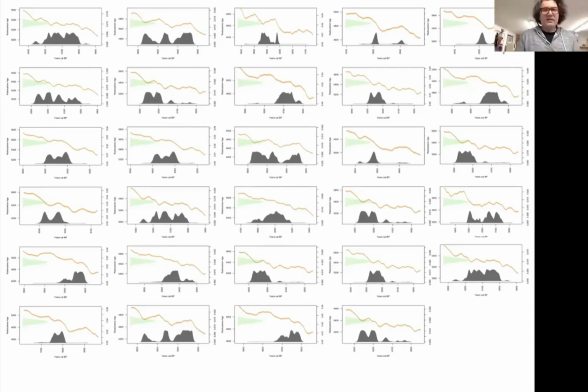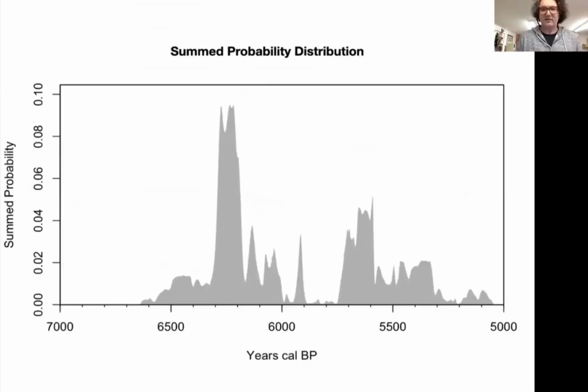The settlement proxies used in this study are based on what is called the temporal frequencies of radiocarbon dates, which are represented as summed probability densities. One of the simplest ways to aggregate these dates is to sum them together into a summed probability distribution.